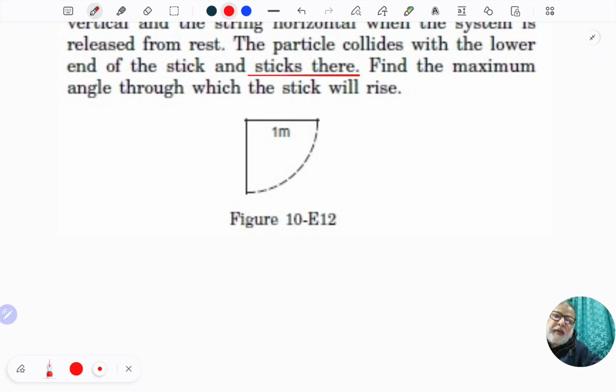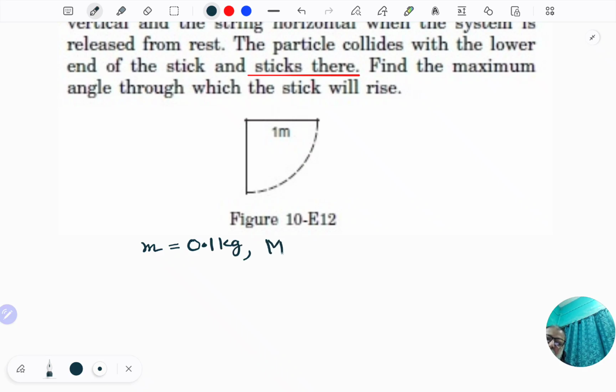So, if we assume that the particle strikes the rod with a velocity v, let us try to find out the expression of v. Before that, let me identify the different quantities we are dealing with here. m is the mass of the particle, which is 0.1 kg.